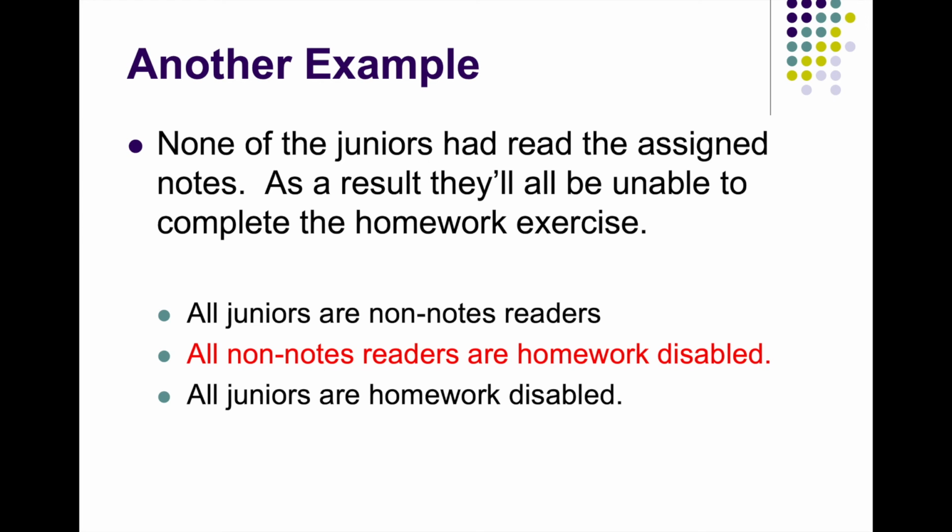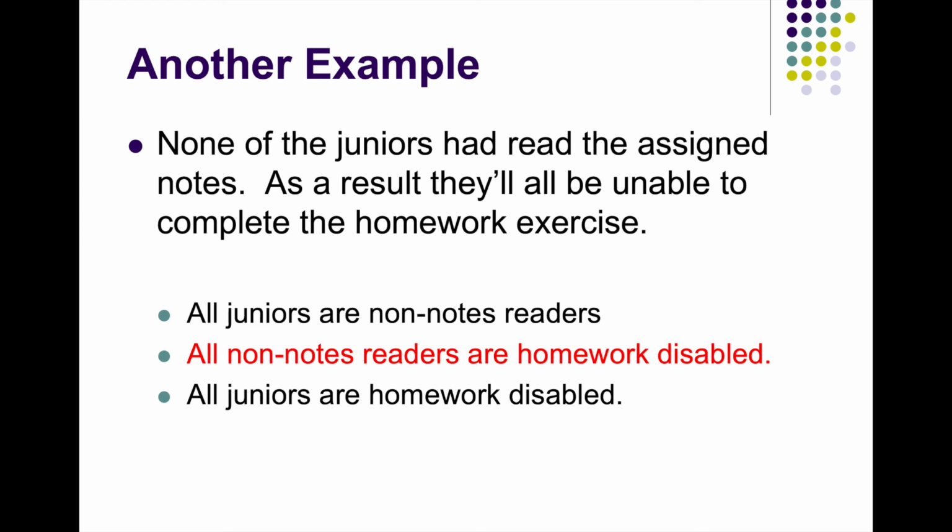So here we have both the statement in standard logical form with the obverted replacement, and then also the generation of the missing premise. All juniors are non-notes readers. All juniors are homework disabled. How did we get there? If you take all juniors are homework disabled as the conclusion, right, then you know juniors and homework disabled people are the end terms. The middle term would have to be non-notes readers. Non-notes readers is not distributed in the first premise, which means it would have to be distributed when it appears in the missing premise.